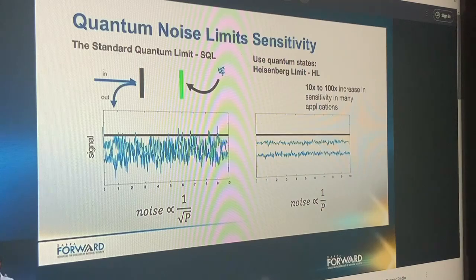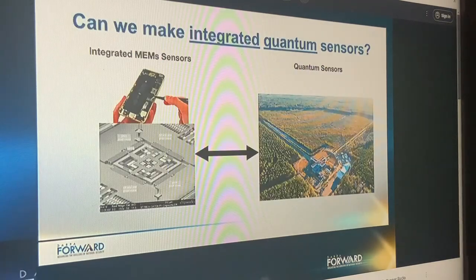And this allows LIGO to observe 10 times more of the universe than it would with a 4-kilometer long antenna. And so how do we bring these two stories together? How do we bring some of these advances in quantum sensing into sensors that are actually deployable? And in the last few years, there's been a significant amount of advances in that field, and there's a lot of exciting things happening.